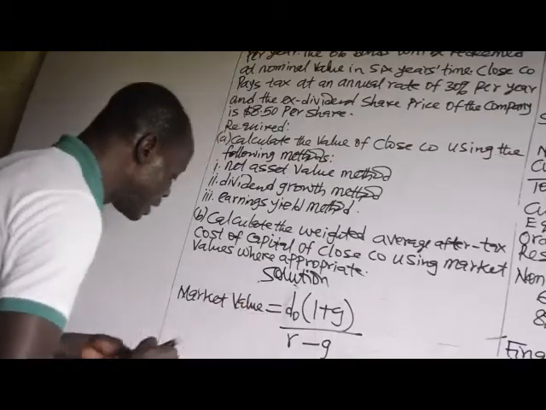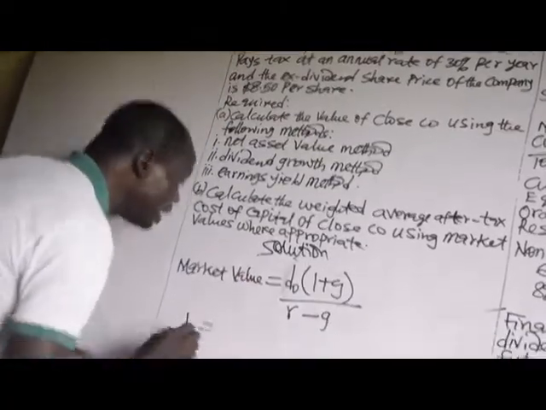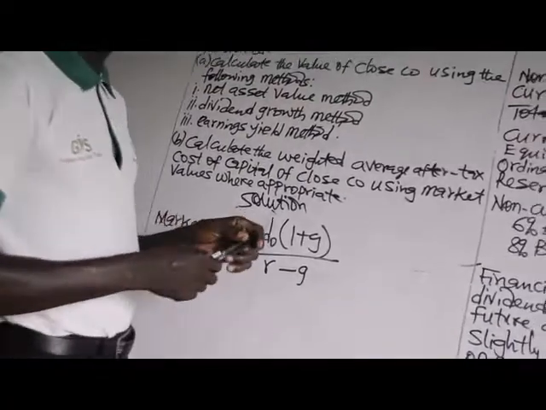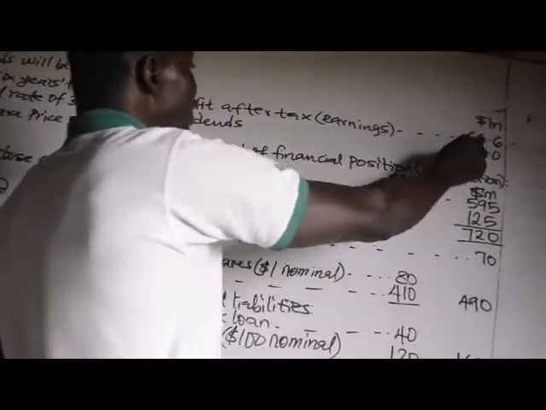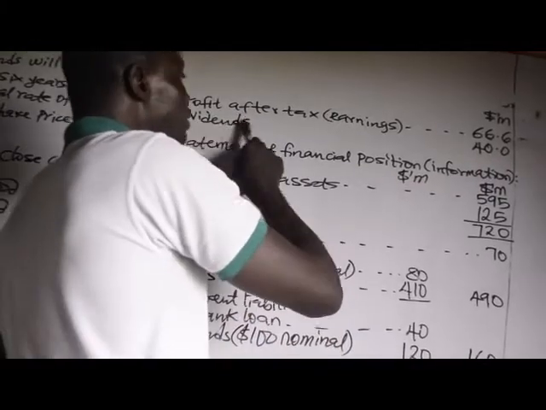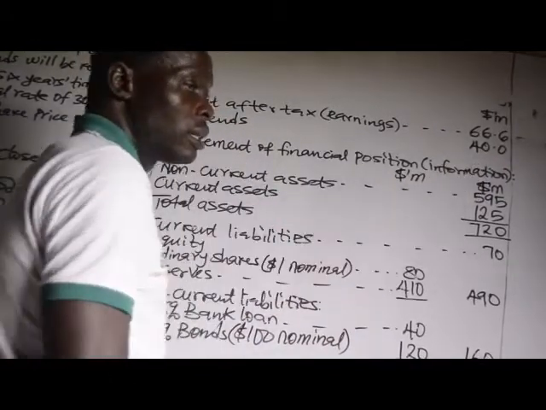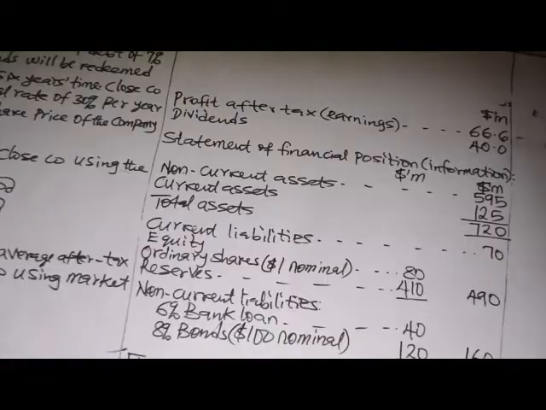How much is the base dividend? Back to the question, we are given profit after tax, which is earnings, of 66.6, and dividends of 40. The dividend is $40 million.